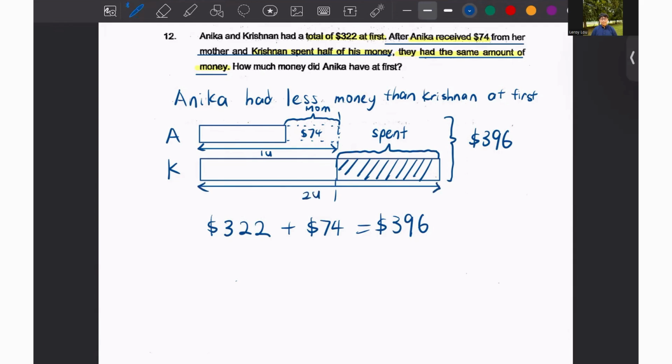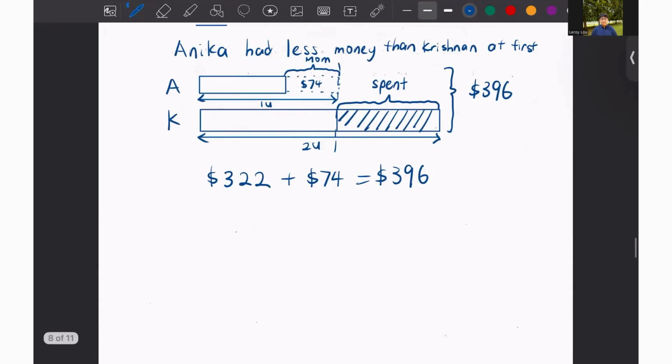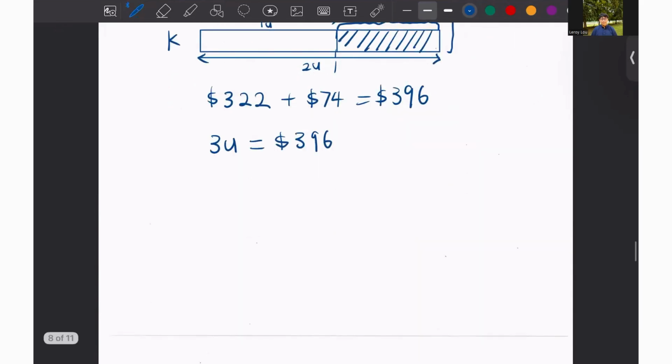So you know this 396 represents a total of 3 units. So 3 units is 396. Then you can proceed to find 1 unit, which is 396 divided by 3 to give me 132.